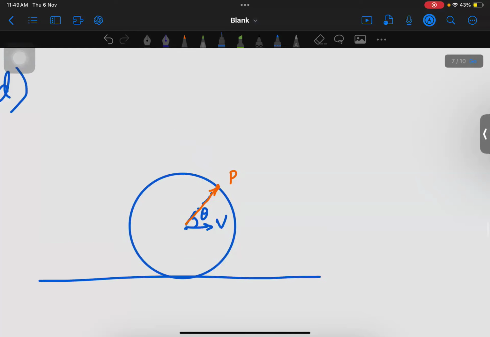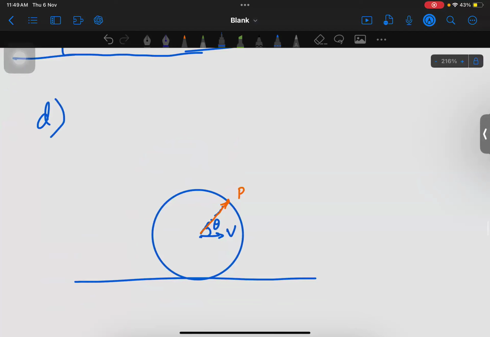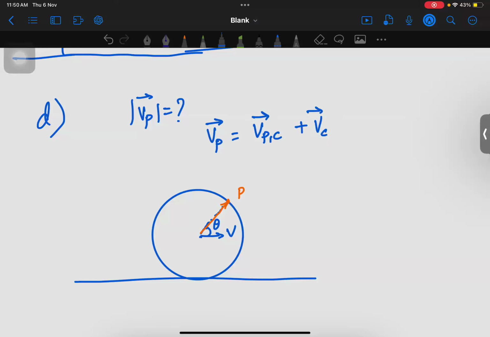So how do you find this? Again, we'll start with the basic idea that the velocity of the point P is nothing but a vector sum of its velocity with respect to the center plus the center's velocity.